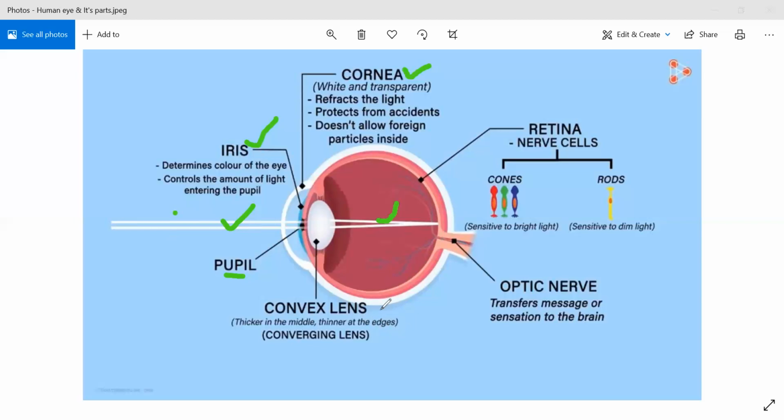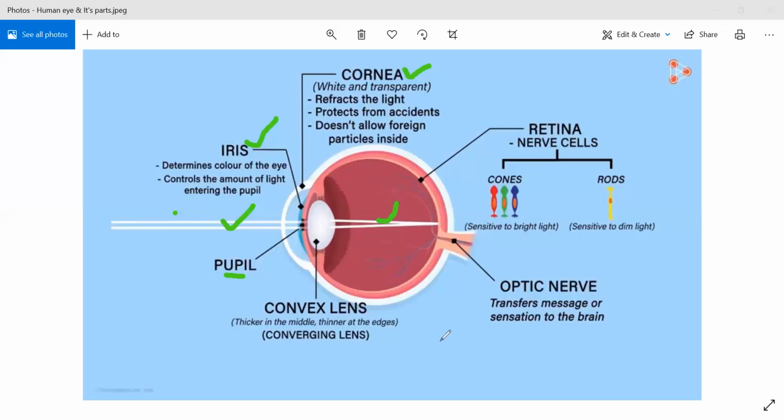Again, after finishing the pupil, we move on to the convex lens. Usually the convex lens, of course, we are very familiar with. This convex lens is thicker at the middle and thinner at the edges, isn't it? So at the middle, we can see it is thicker in size, right?